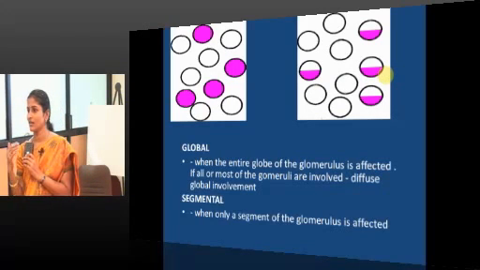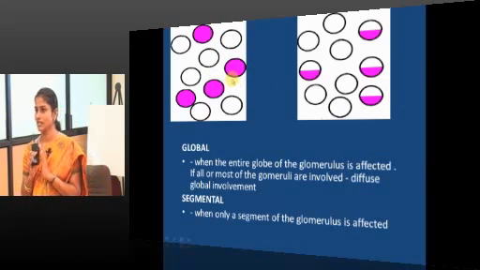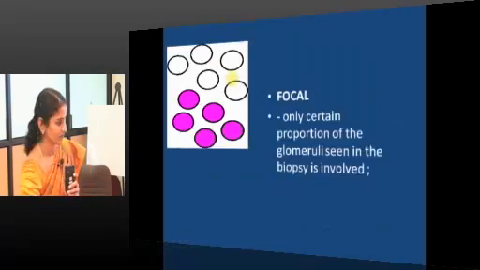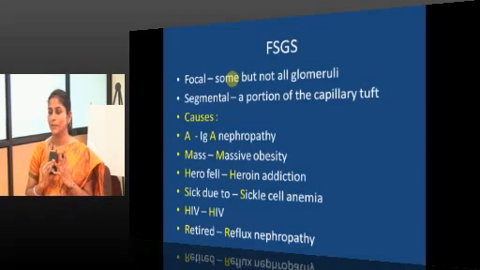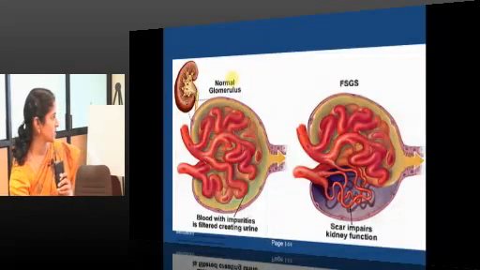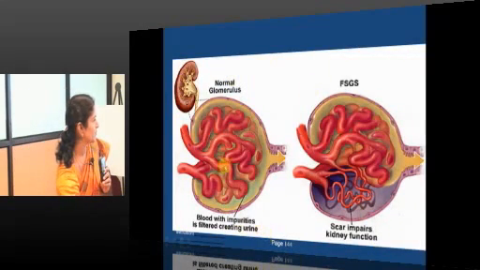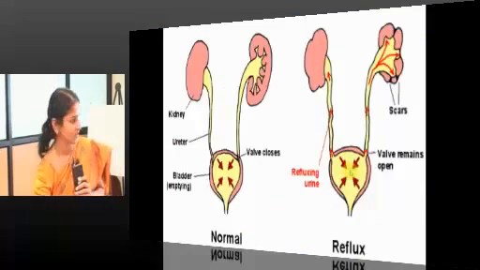If the entire tuft of the glomerulus is affected, it is global. The causes include IgA nephropathy, massive obesity, heroin addiction, sickle cell anemia, HIV, reflux nephropathy. All these are causes of focal segmental glomerulosclerosis. What happens is, because of sclerosis there is scarring, and this will impair renal function.